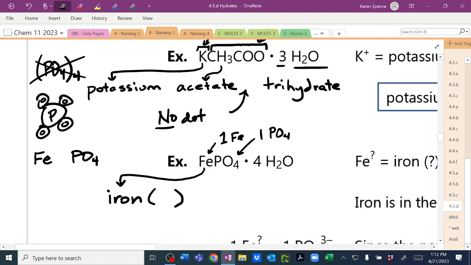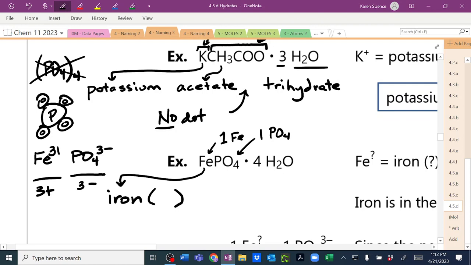We look up the charge on PO4, that is on your polyatomic ion table, it is 3 minus. That gives us a total negative charge of 3 minus. Fe, then we need a total charge of 3 plus. There's only one place to put all that charge.